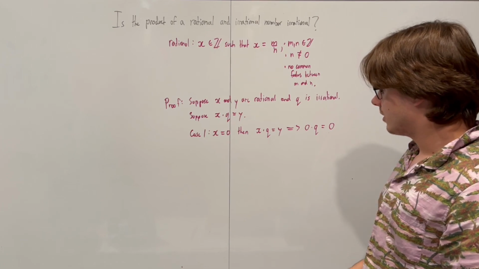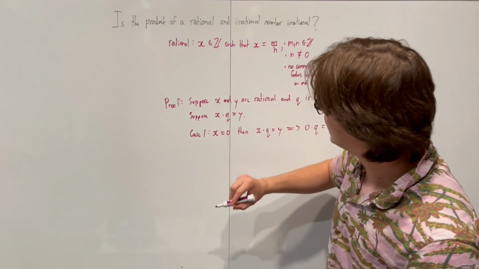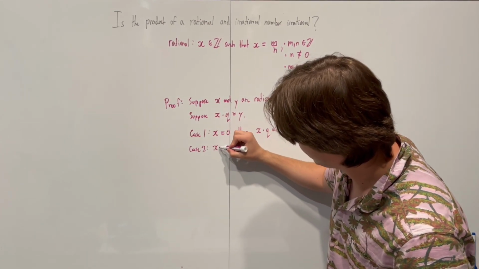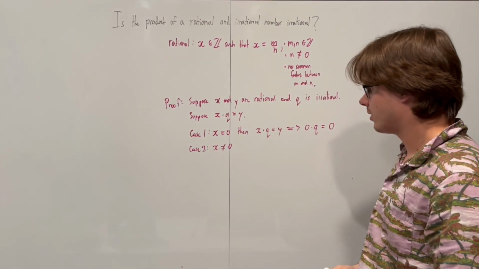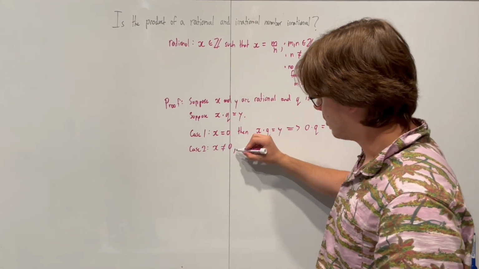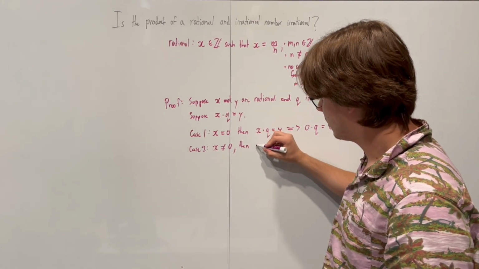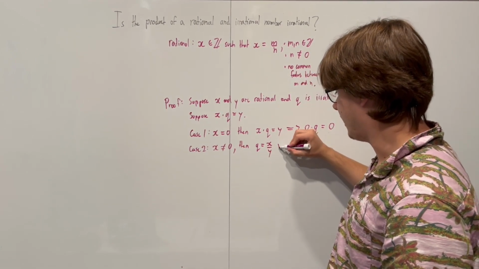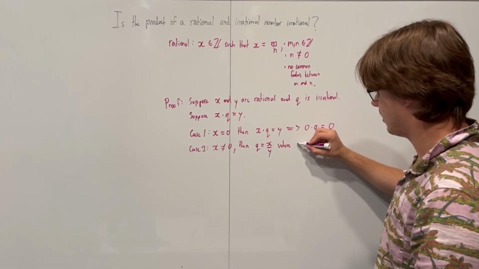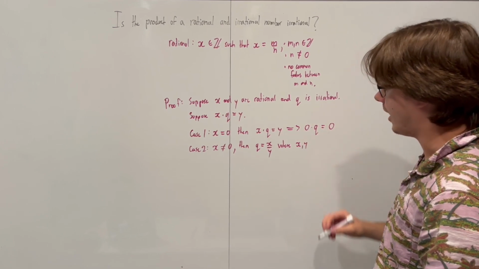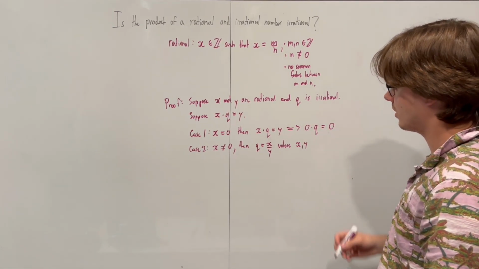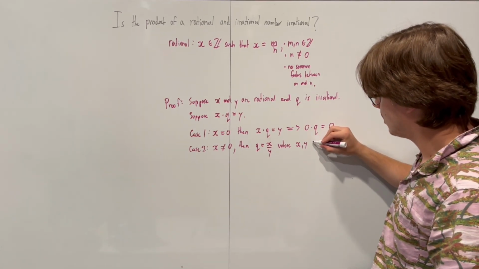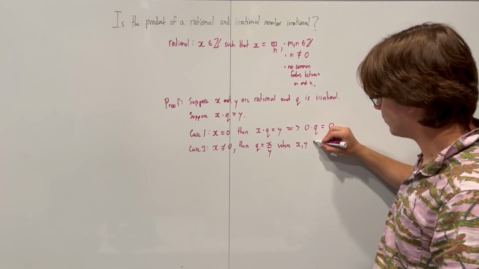Okay, but let's look at the second case, because we're asking a general question, right? Case 2, x is not equal to 0. Well, if x is not equal to 0, then q is equal to x over y, where x comma y, because they're both rational numbers, can be simplified.